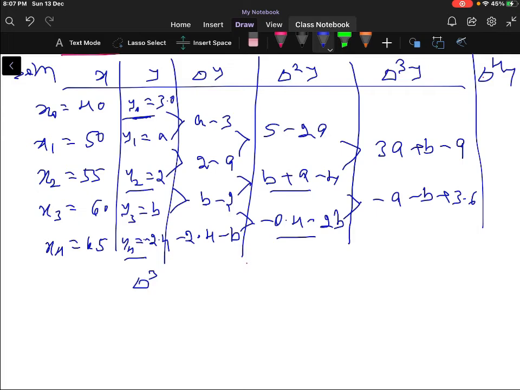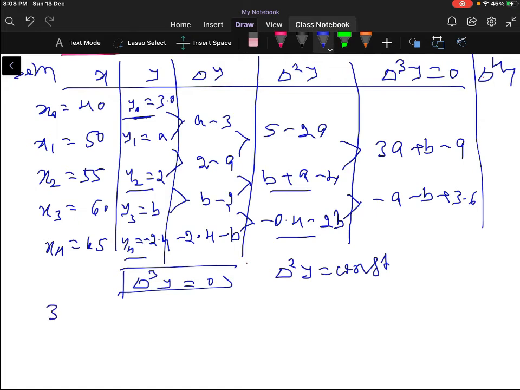So delta cube y is 0, since delta square y is constant. Hence delta cube y is equal to 0. From the difference table you can observe that delta cube y is 0.